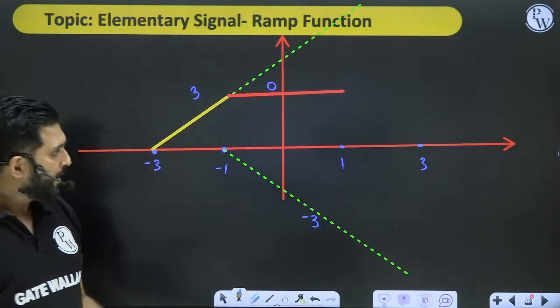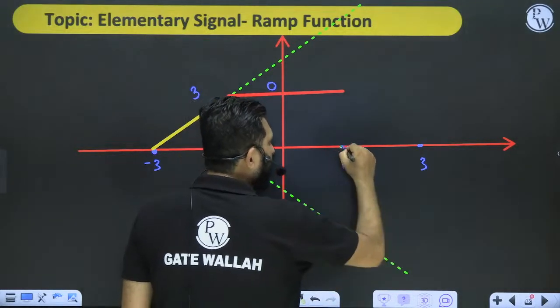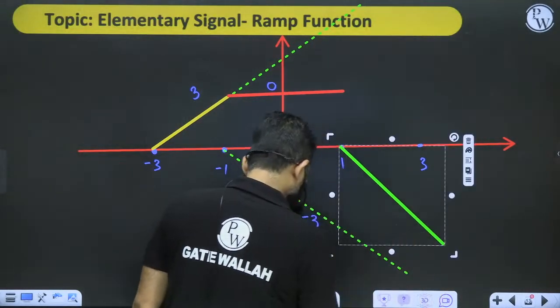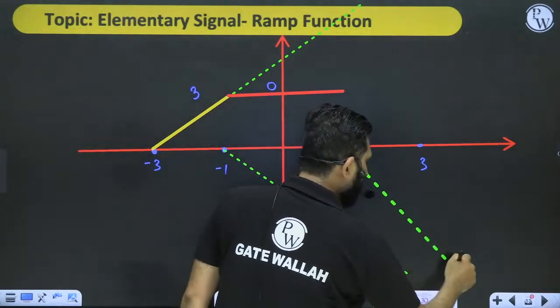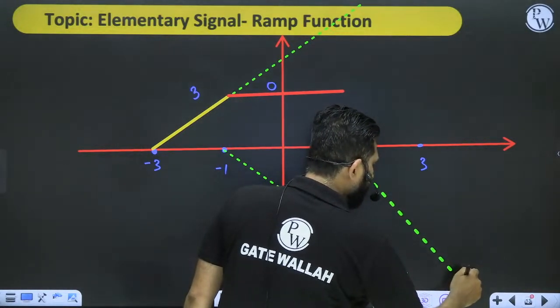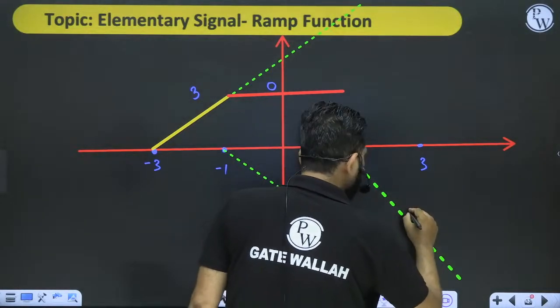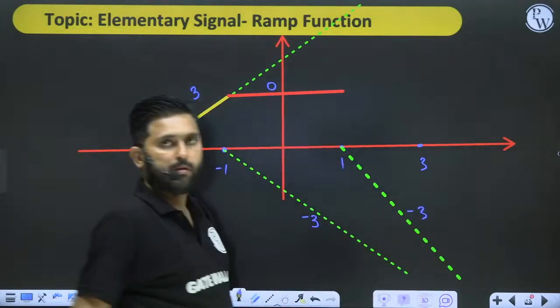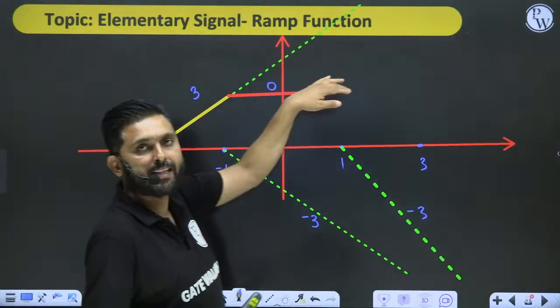Now suppose, for example, at -1, again I'm adding a ramp which is having a -3 slope. Now tell me what happened to this line then?